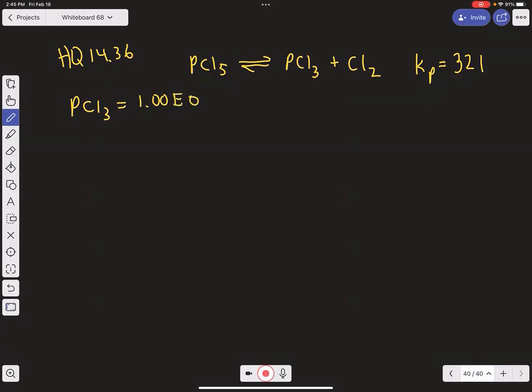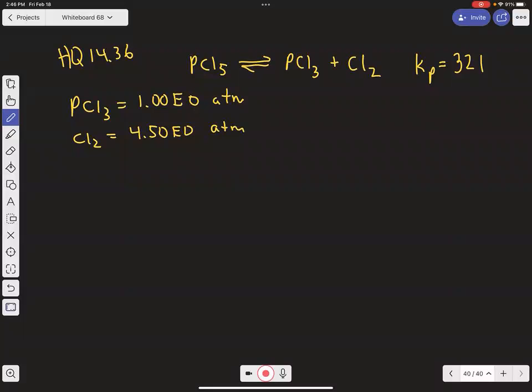E to the 0. And then chlorine is, all right. So we have this reaction, the equilibrium partial pressure is this and this. What is the equilibrium partial pressure? Oh, okay. Of the phosphorus pentachloride.